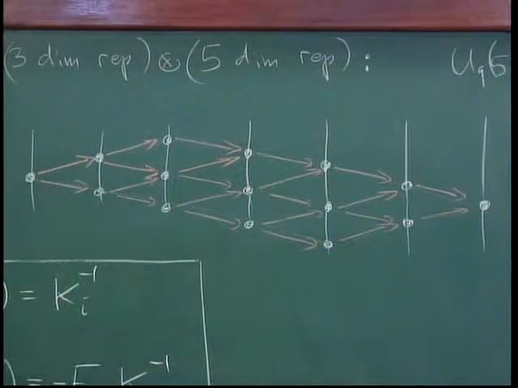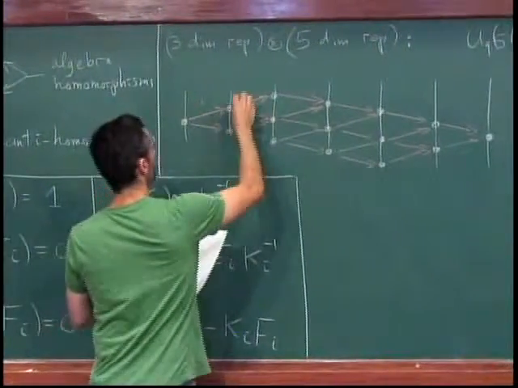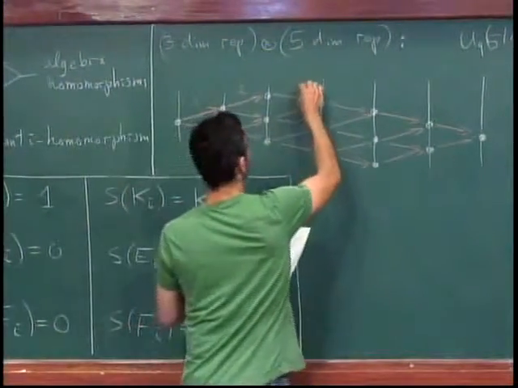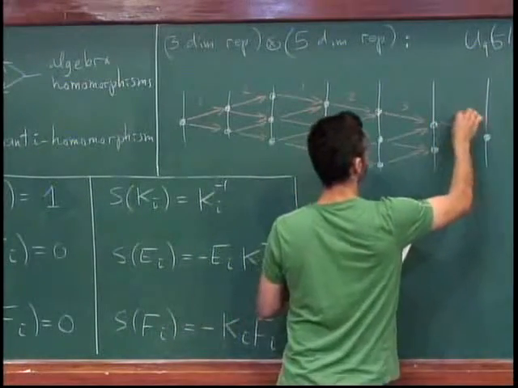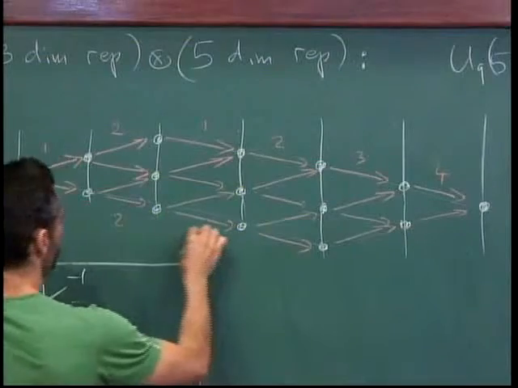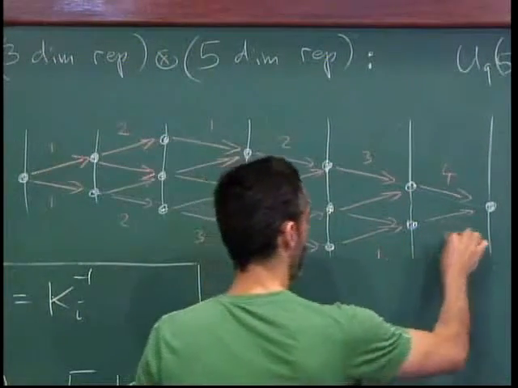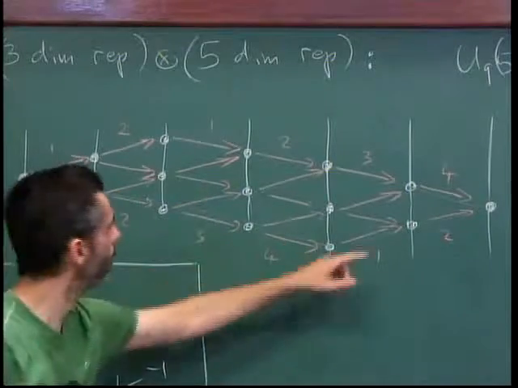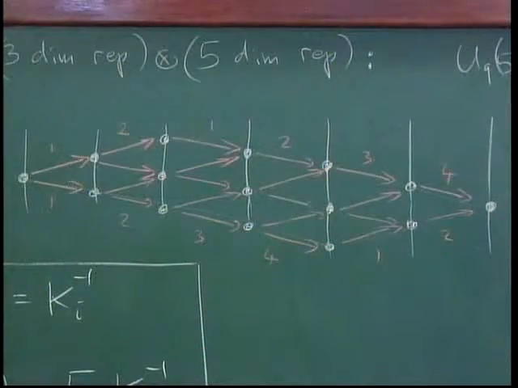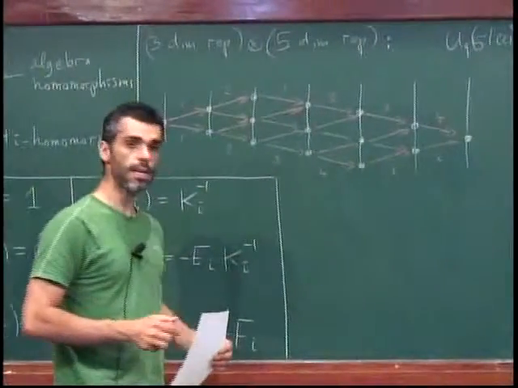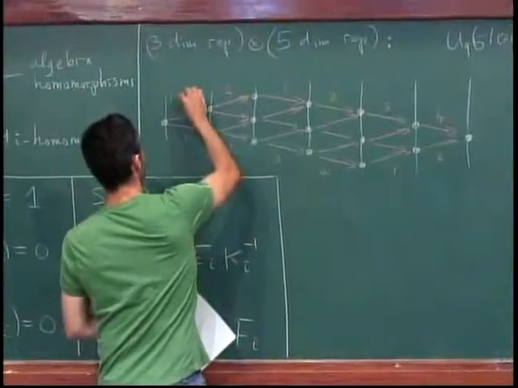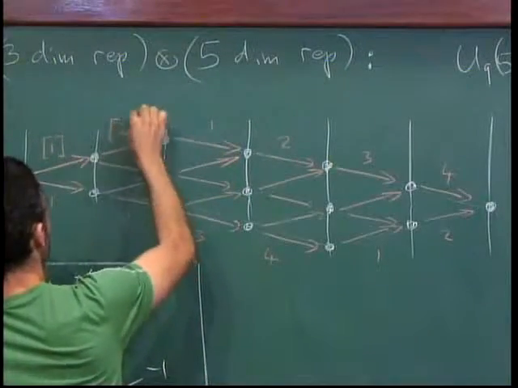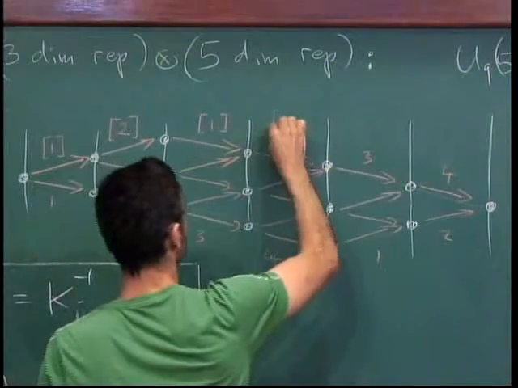And if I had just a tensor product of 2 Lie algebra representations for SL2, what I would put is 1, 2, 1, 2, 3, 4, 1, 2, 3, 4, 1, 2, and then the interior also 1, 2, 3, 4, and then 1, 2, 1, 2, 1, 2. Okay, that's not the way the element E acts now. Now it acts by quantum numbers. So we put quantum 1, quantum 2, and so on.